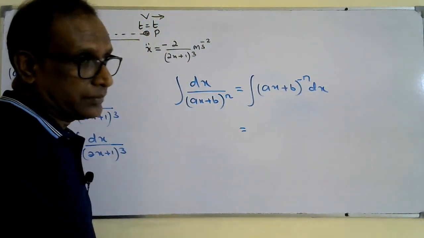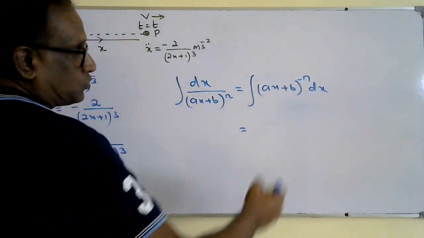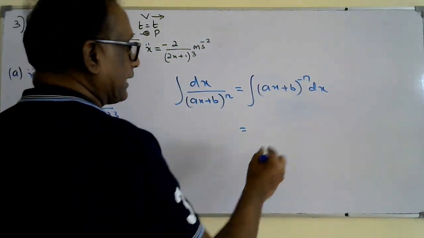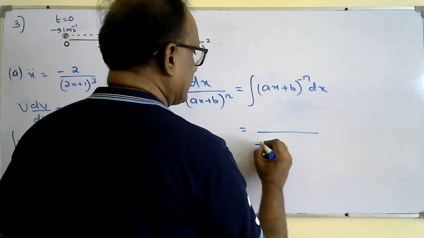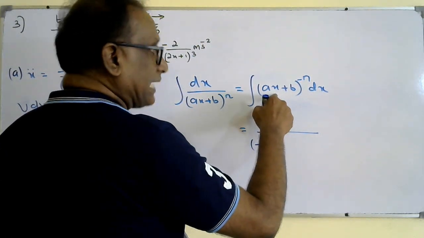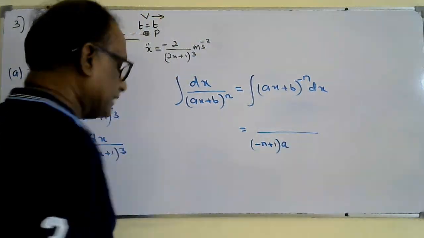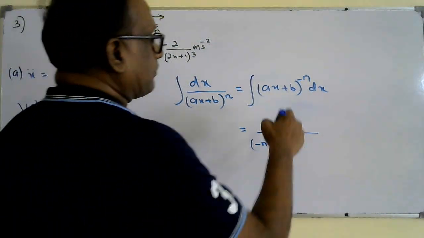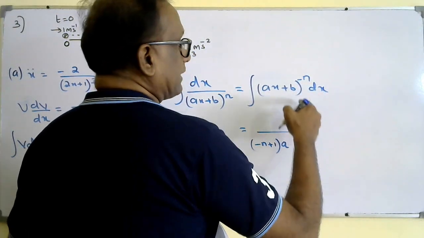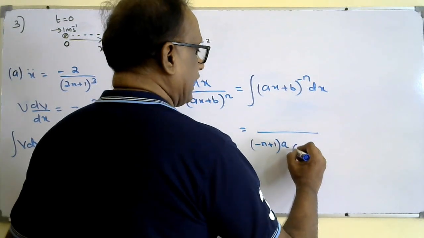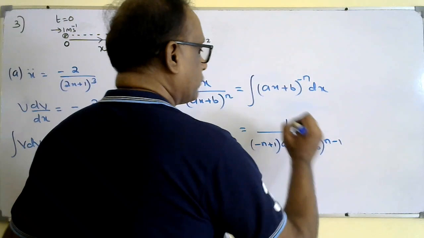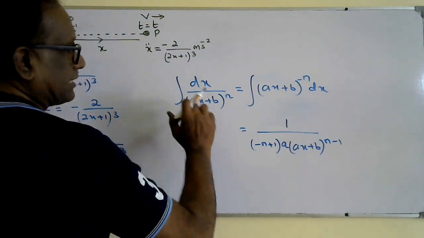This integration will be n plus 1, so it will become minus n plus 1, and that will become the denominator. And remember, if we differentiate it, you will get a, so that a also will come to the denominator. Then it becomes (ax plus b) to the power n minus 1. If you differentiate, you will get this one right.